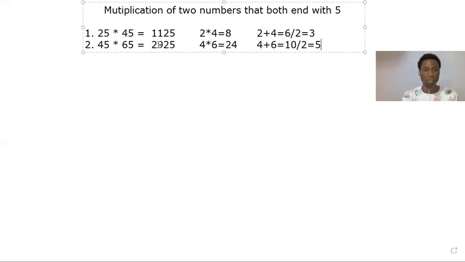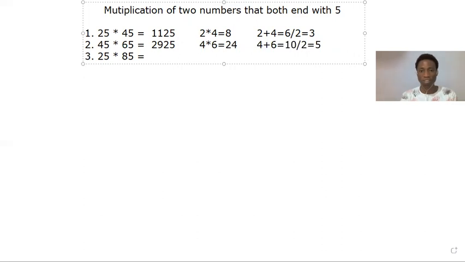So we can choose another question. Maybe something like 25 times 85. Maybe this question you can try to do without writing anything down. In this question, all you just need to do is to have 25 at the back.